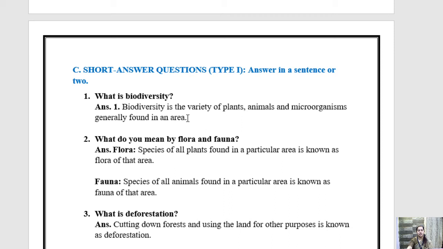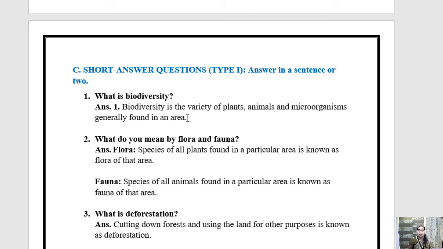Apart from writing plants and animals, we can also write the variety of flora and fauna present at a particular place is known as biodiversity.